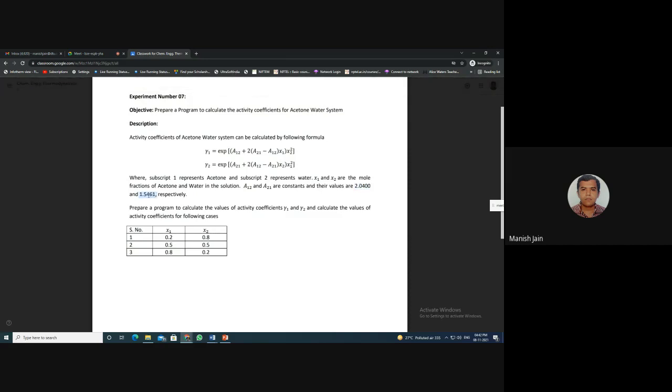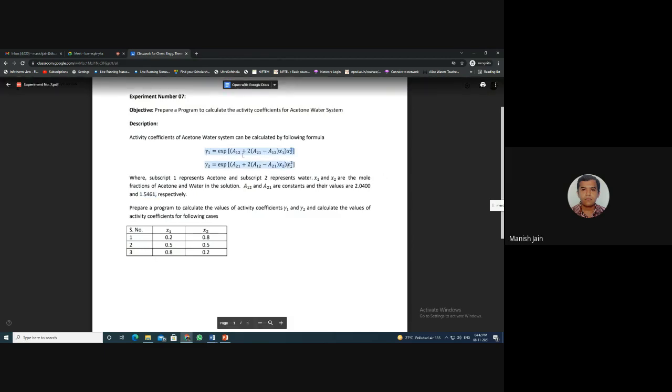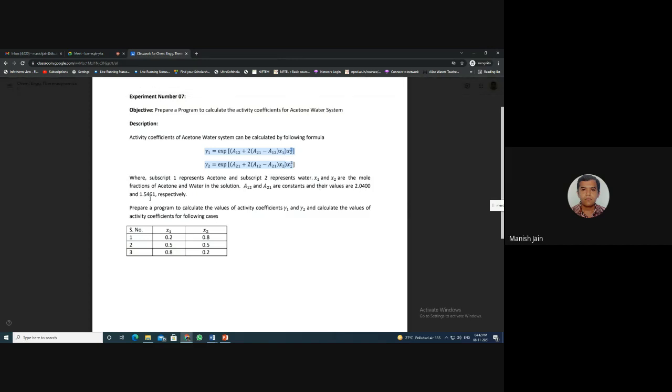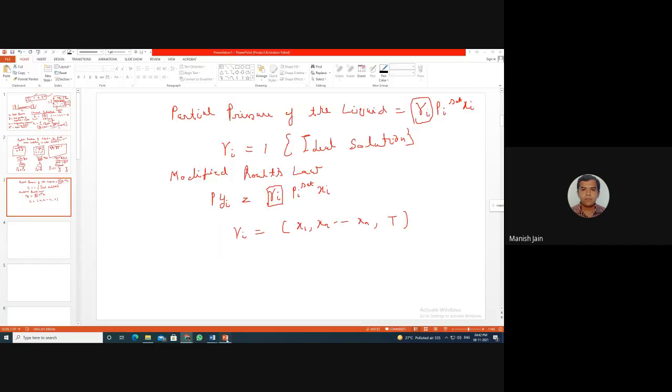What you have to do is make a program, just type this equation. Substitute the values of A12 and A21, 2.0400 and 1.5461, substitute the values of x1 and x2, and calculate the activity coefficients gamma 1 and gamma 2. The values are given here.